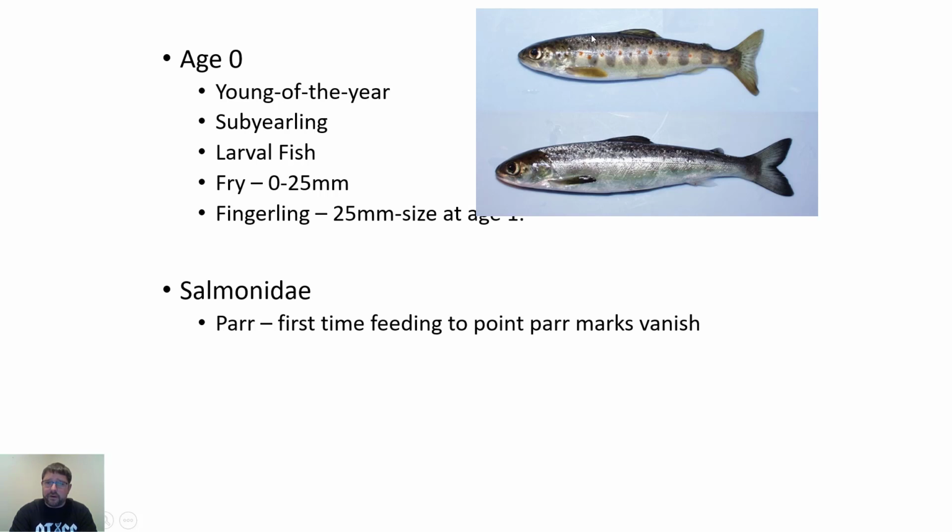You can ignore the red spots, that's species specific. The majority of salmonids have par marks when they're in that fingerling, or par, stage. Those par marks will eventually vanish as the fish goes through smoltification.